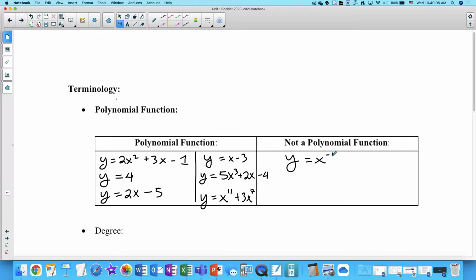So back in grade 10, you would have learned that we can interpret this as a denominator of 1 over x to the 1, or just 1 over x. Because we bring a negative exponent, if it's in the numerator, down to the denominator, then it becomes positive. Okay, you're correct. This is not a polynomial function. So we cannot have a variable in the denominator position.